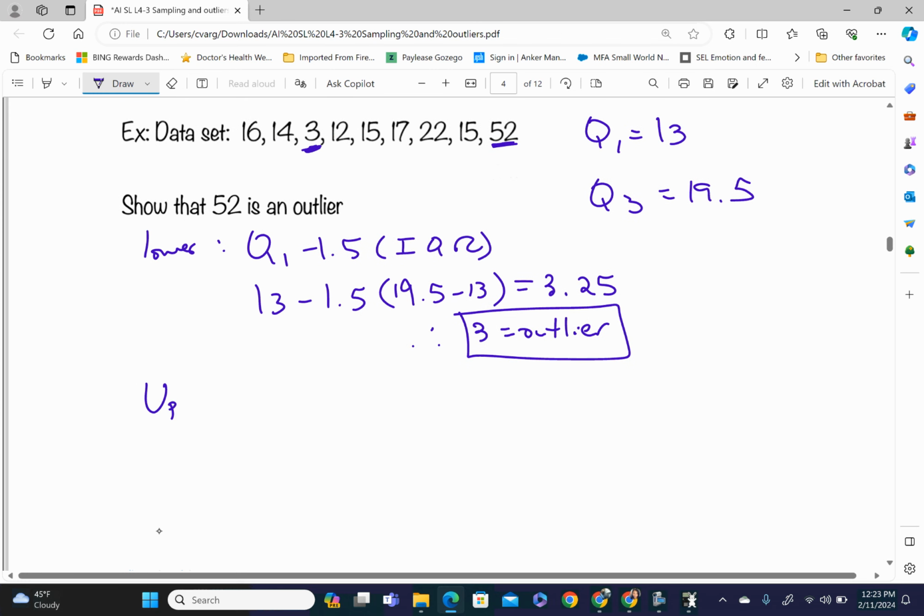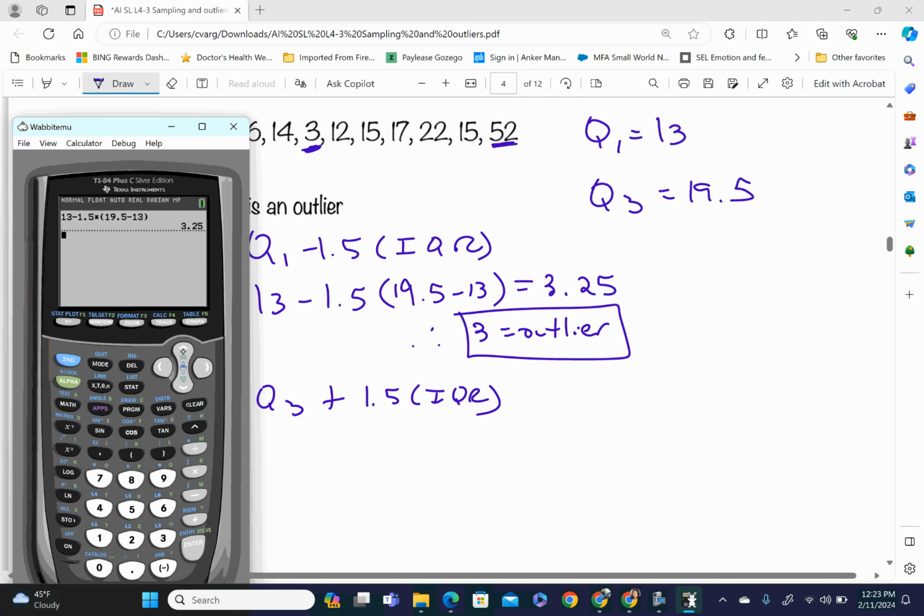Now we do the upper one, the higher one. For that, it's Q3 plus 1.5 times IQR. So I'm going to go to my calculator right here, and I'm not cheating, but just trying to save myself some time. So instead of 13, I'm going to put 19.5 here because that's my Q3. So I'm going to do 19 and insert my 0.5. So second delete, so 0.5. And then I'm going to change this from minus to a plus. It's still 19.5 minus 13.